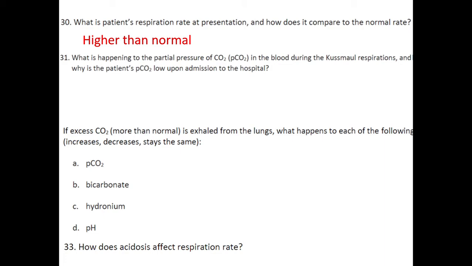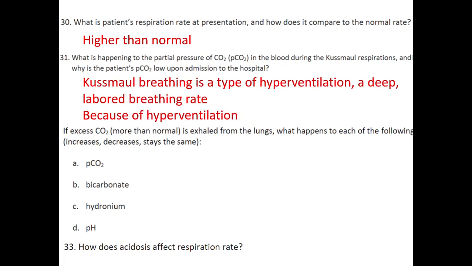31. What is happening to the partial pressure of CO2 in the blood during the Kussmaul respirations, and why is the patient's PCO2 low upon admission to the hospital? Let's think first, what is Kussmaul respiration? Kussmaul breathing is a type of hyperventilation. It is a deep, labored breathing.